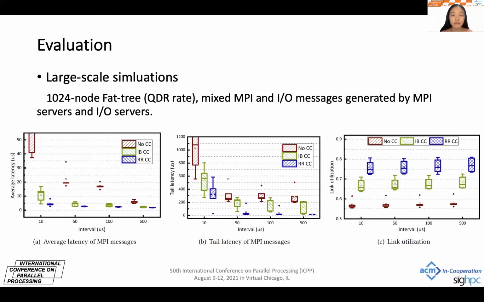The accumulated buffer can be drained rapidly, thus reducing the latency for MPI messages. As for the link utilization, it is challenging for IBCC to achieve high link utilization and low latency for MPI messages simultaneously due to its independent rate increase and rate decrease process.